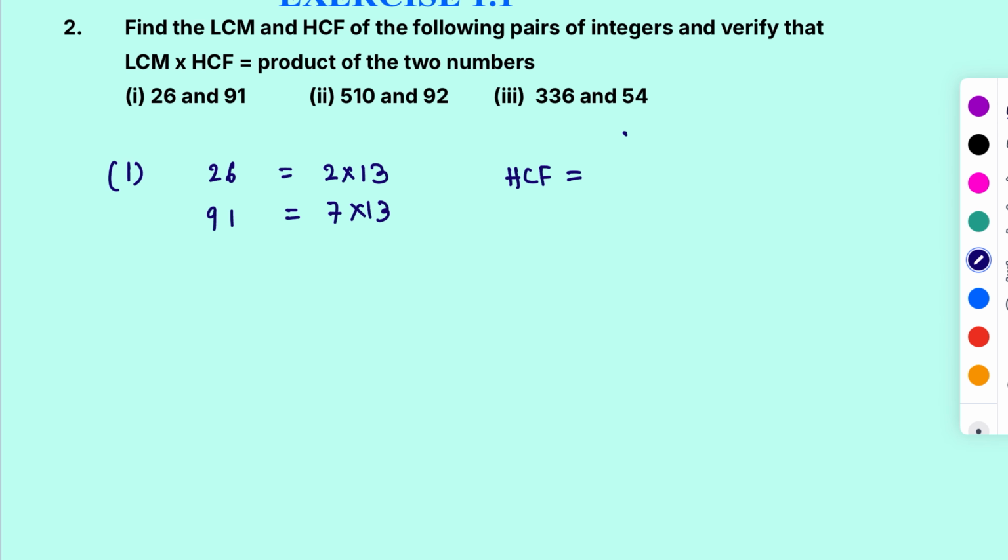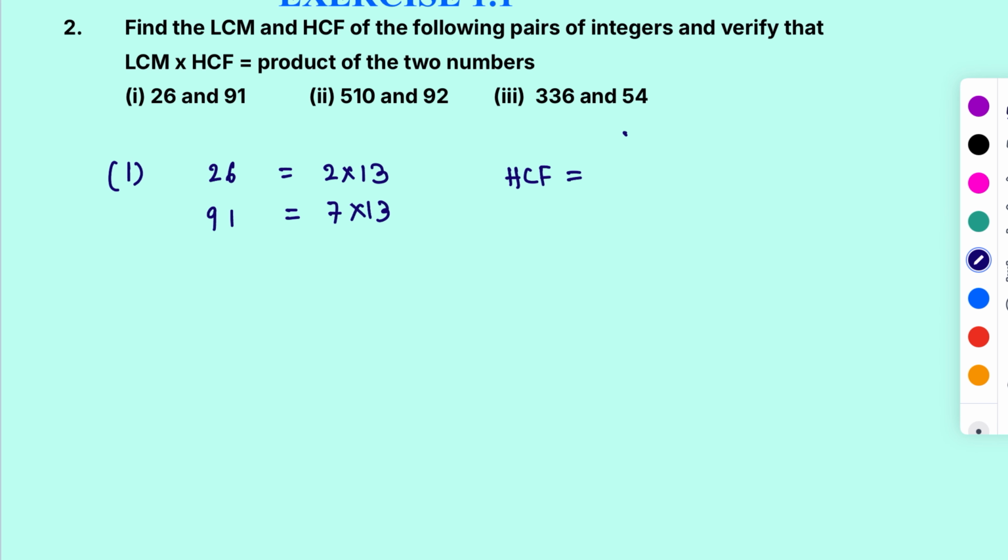That is same as 26 into 91, which is the product of two numbers. So hence it is verified. Both are same. Also by multiplying you can write the result here. Both will be same.